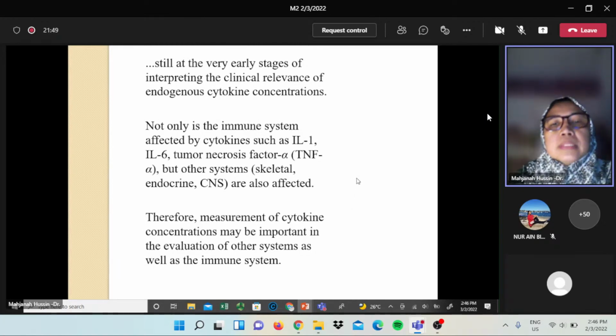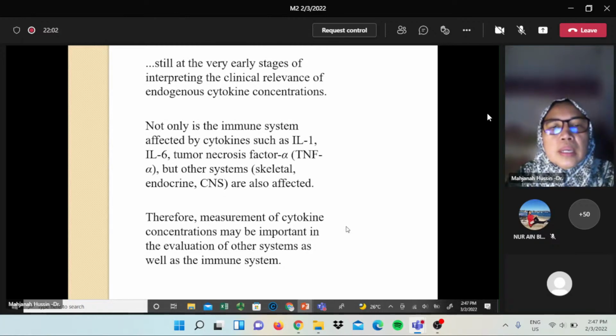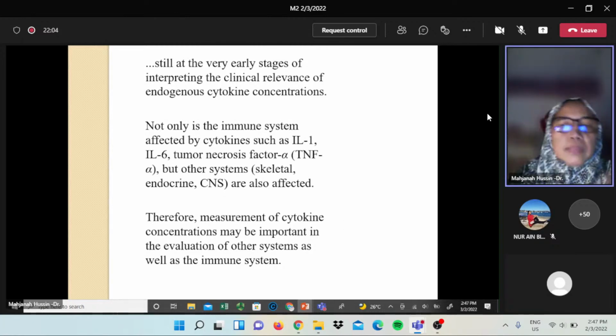But sometimes the effect will go to other systems. Skeletal system, endocrine system, central nervous system are also affected. So whenever you measure the cytokines, it also helps to determine other systems, whether they are concurrently working in comparison.